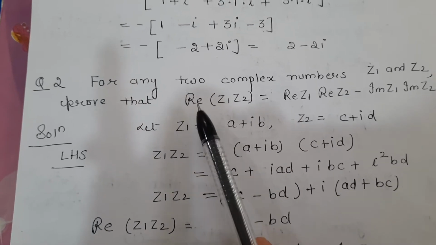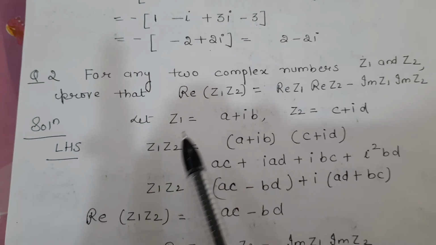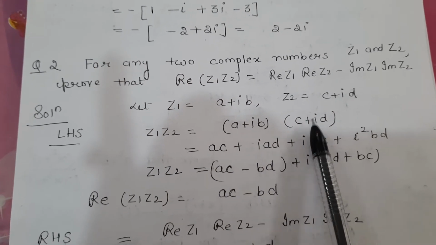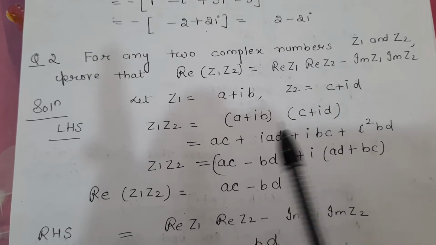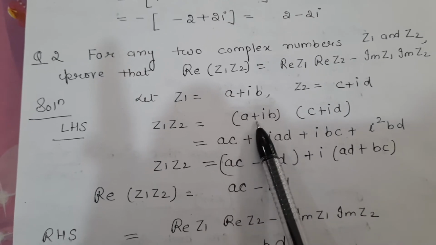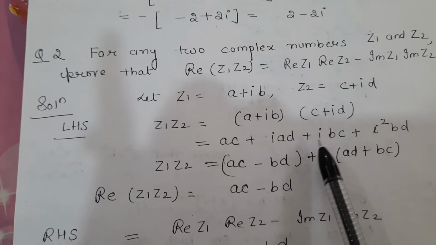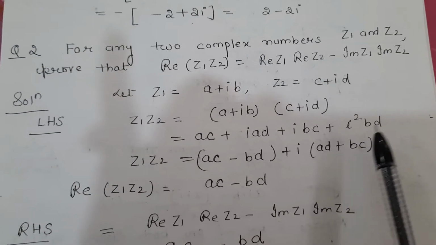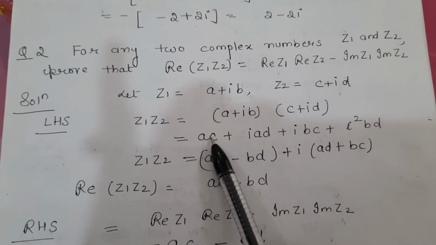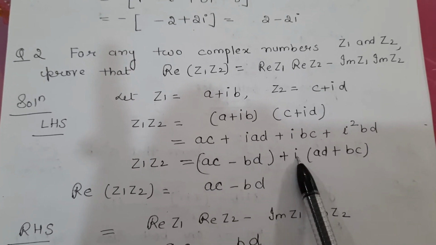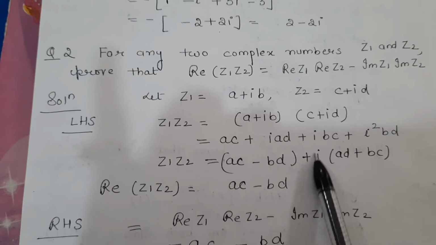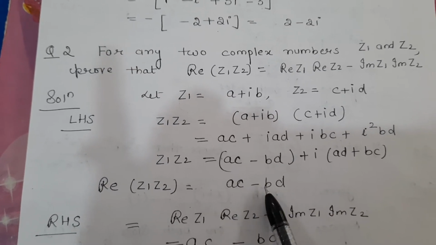Now we have to find the real of z1 into z2, for which first we will evaluate z1 into z2. Multiply these two complex numbers, we will have ac plus iota ad plus iota bc plus iota square bd. Now iota square is minus 1, so we will have ac minus bd plus iota times (ad plus bc). So the real part is ac minus bd.